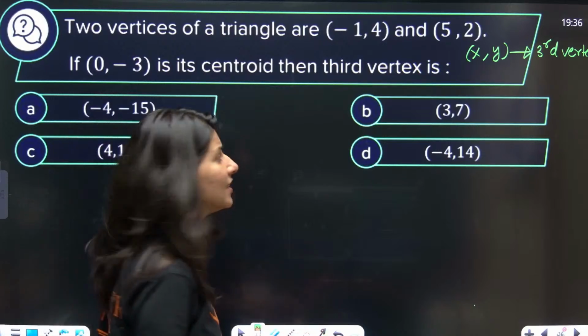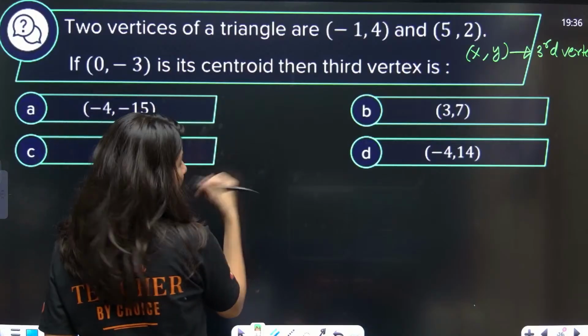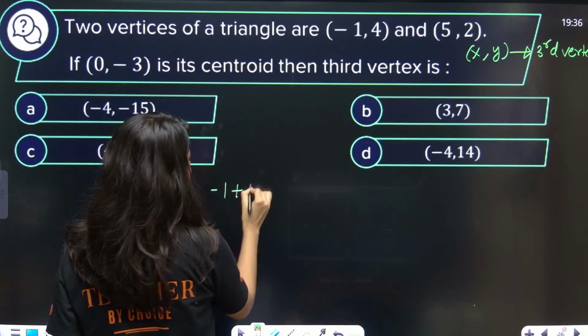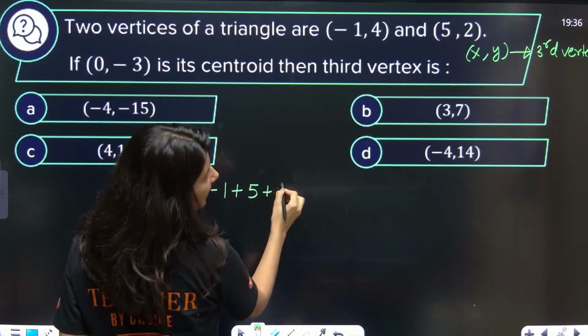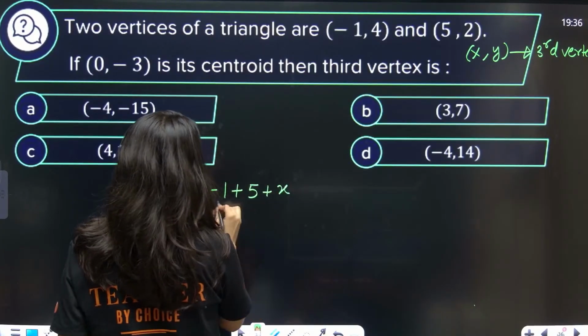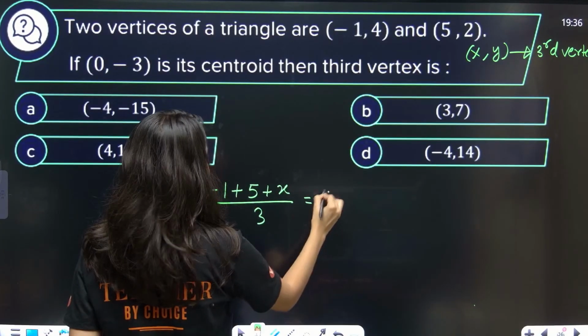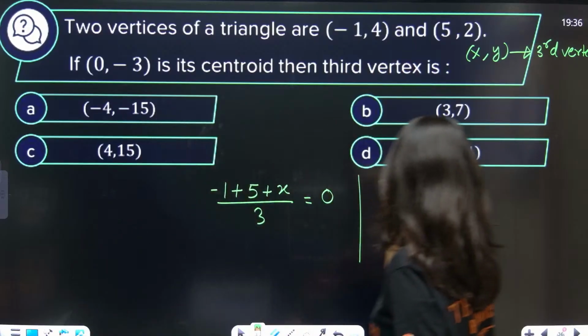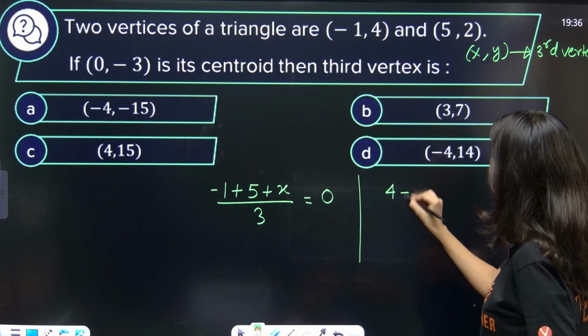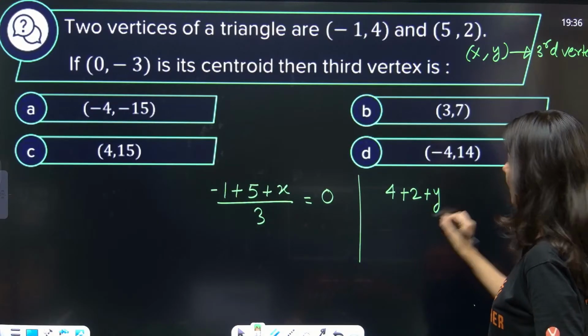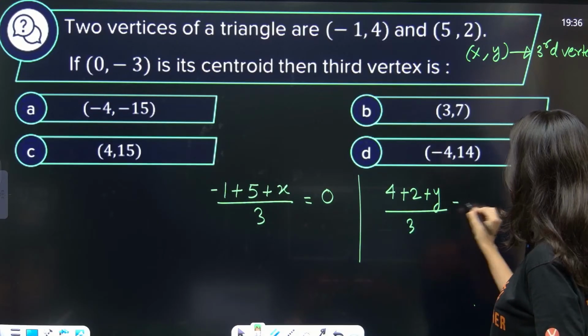Okay, so it's a very easy question. x1 is -1 plus x2 is 5 plus x3 is x, whole upon 3, centroid is 0. And now y coordinate, 4 plus 2 plus y whole upon 3 is equal to -3.